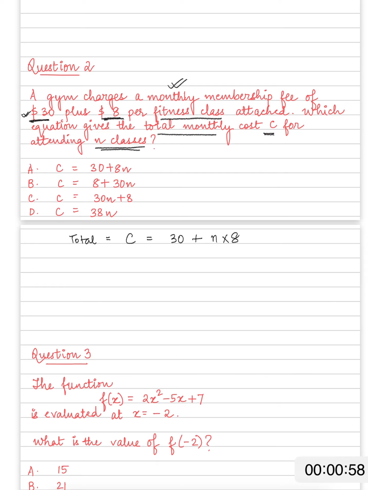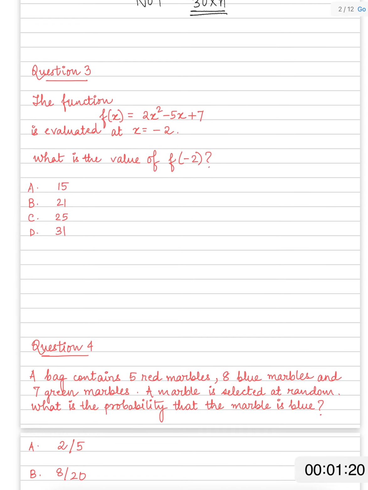Because each class will have $8, so total will be 30 plus 8N. This is our answer. Option A will give us the correct choice. Be careful that the total monthly is 30, it is not 30 into N. Be careful of this trap.